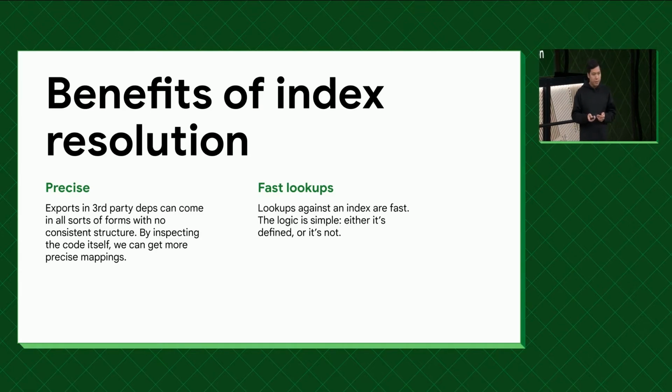And so Ari hinted at this before, but one nice benefit of index resolution is it's precise, more or less, as long as your indexing code is correct. Hopefully I wrote it well. But what that means is that when you see an export from a third-party dependency, you have greater confidence that it has a mapping to a target, largely because you can't really use heuristics on third-party dependencies.